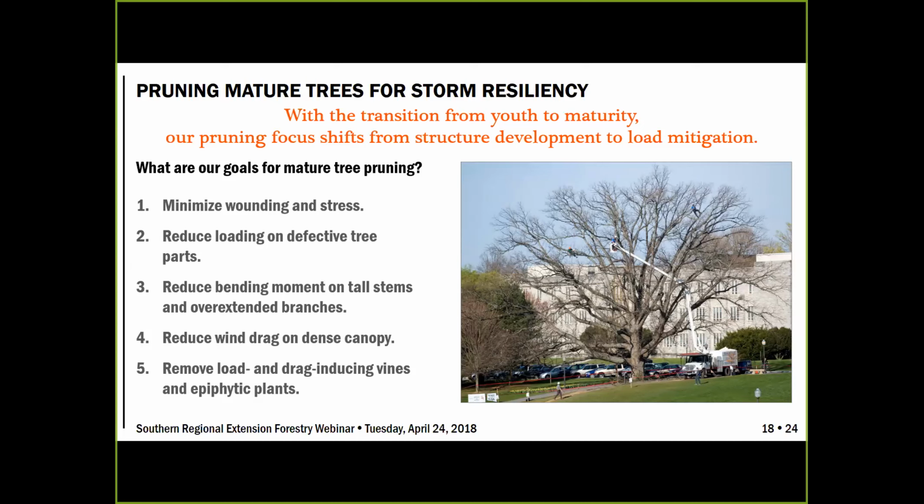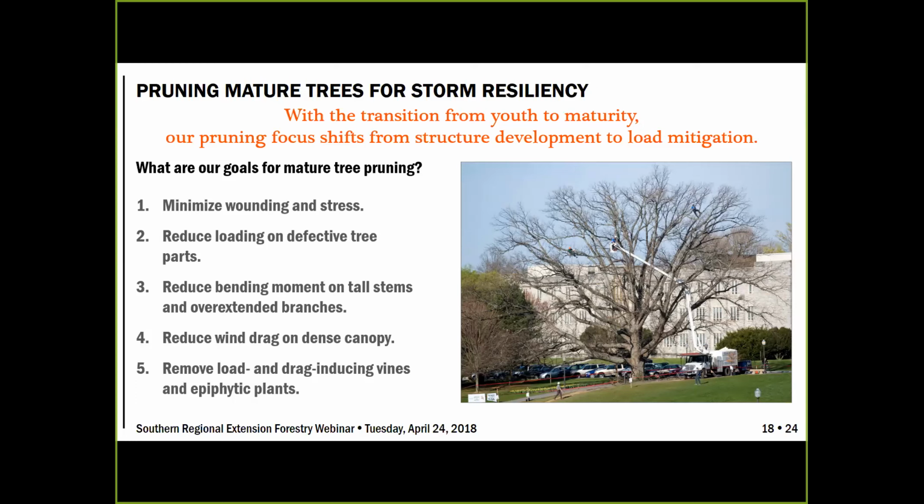These do a couple of different things. One is that they add mass to the tree parts. The other thing is that they make the canopy more dense and increase the wind drag. The same thing could be said for certain types of epiphytic plants, such as Spanish moss or ball moss. They can also add considerable load or increase the drag that is experienced in the canopy of the tree.